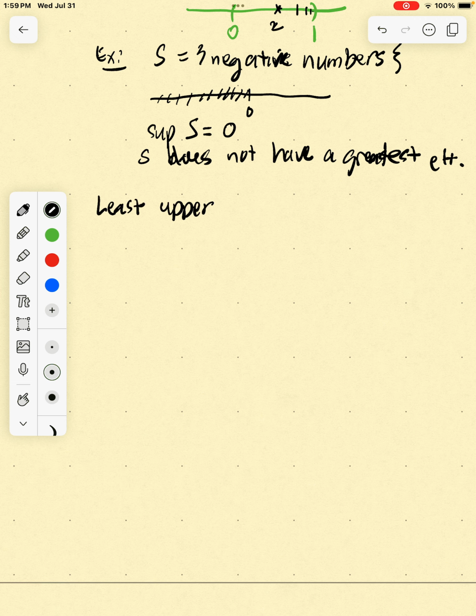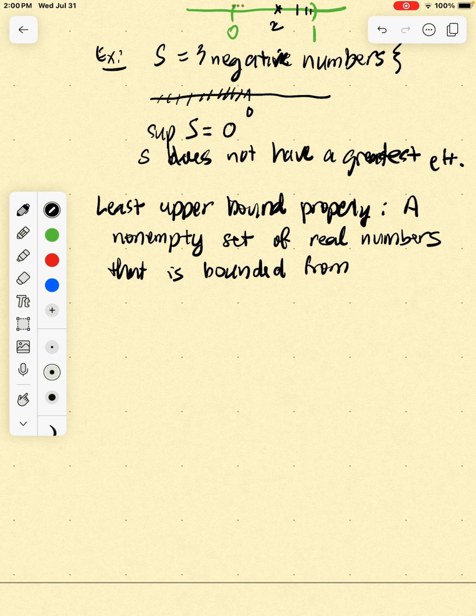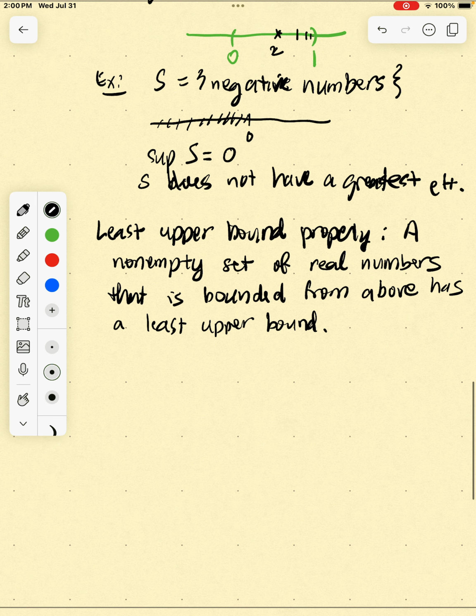The least upper bound property says a non-empty set of real numbers that is bounded from above has a least upper bound. Sometimes this is called the completeness axiom.